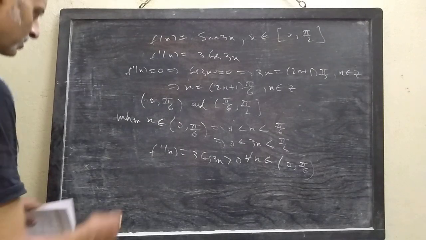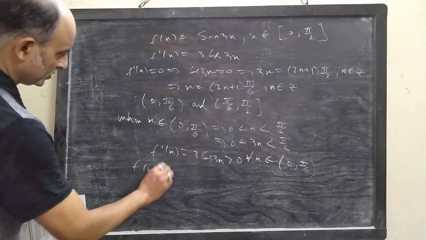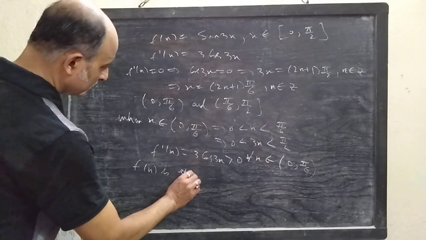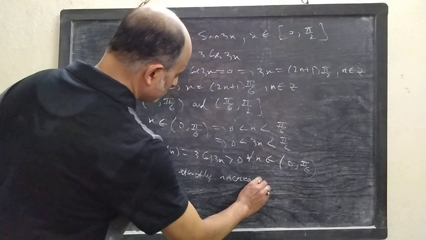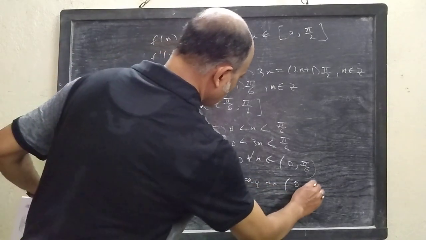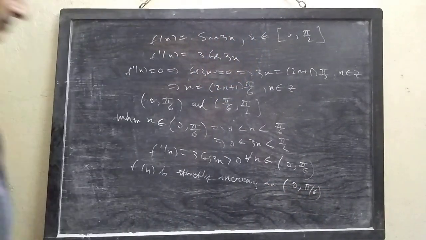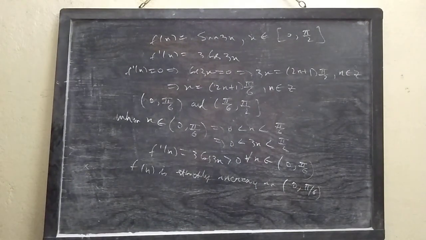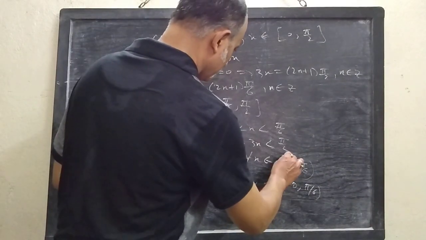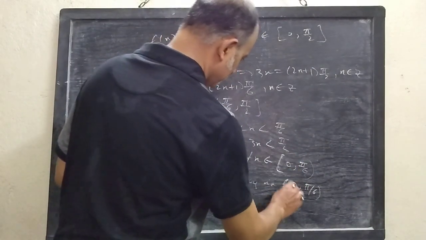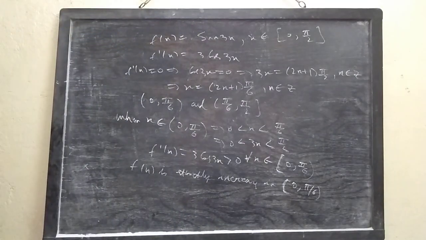So f(x) is strictly increasing in open 0 to pi by 6. If you put 0, it is also positive, so you can close the point 0.